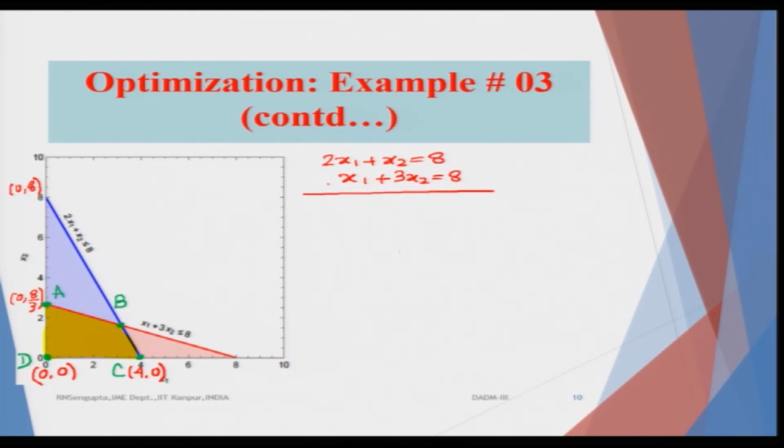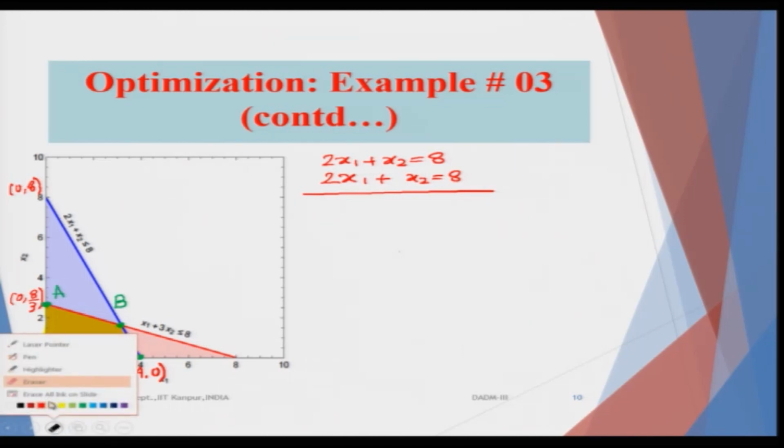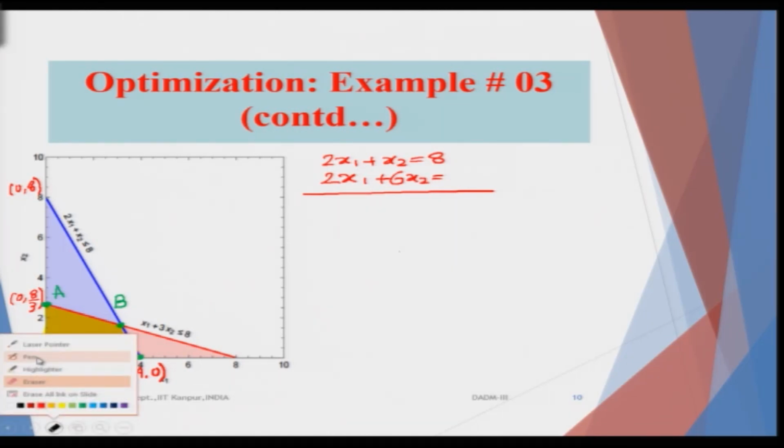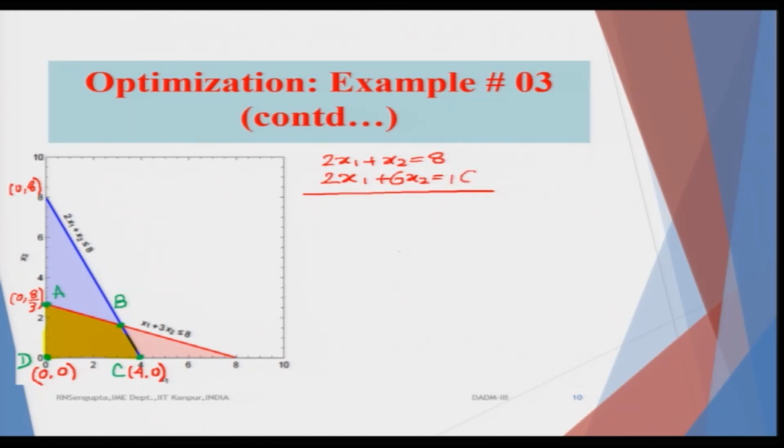So, multiplying the second by 2, this becomes 2x1 plus 6x2, and the right side becomes 16. So, the second equation minus the first becomes 5x2 is equal to 8.